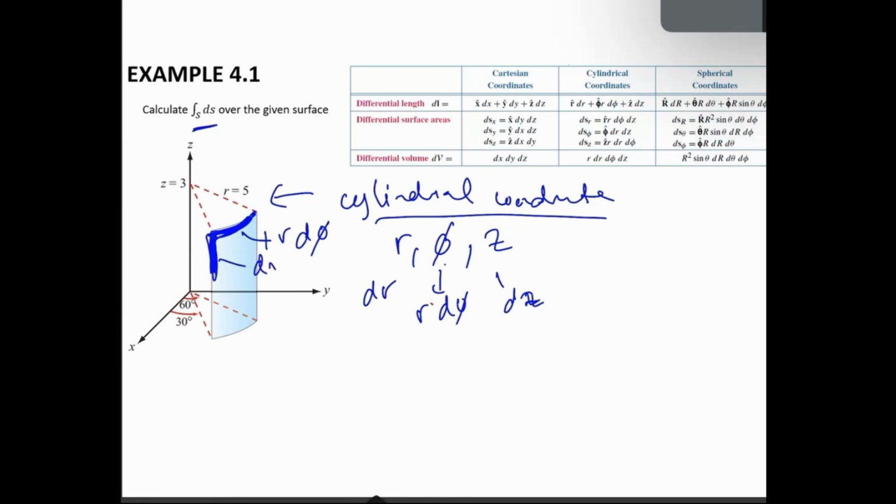So this one is dz. Our integral will become a double integral with dz and also dφ. So the surface ds will be equal to r dφ dz.